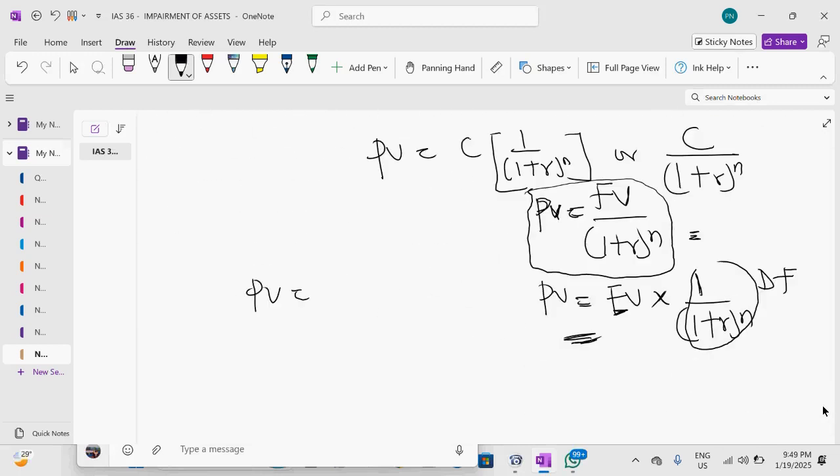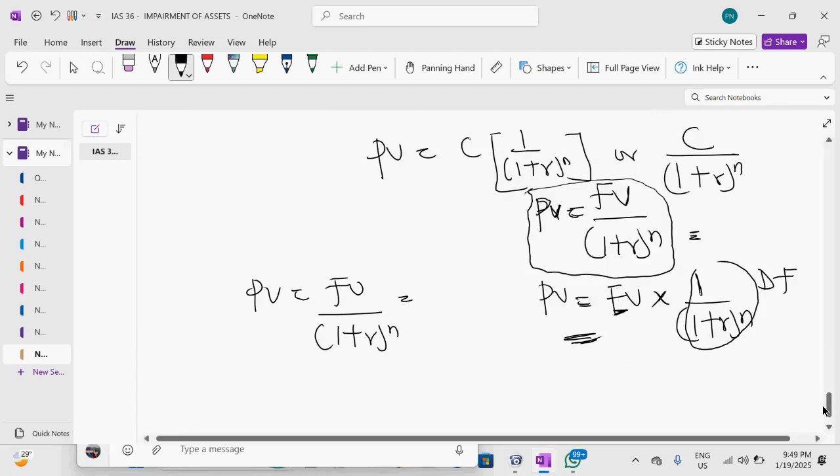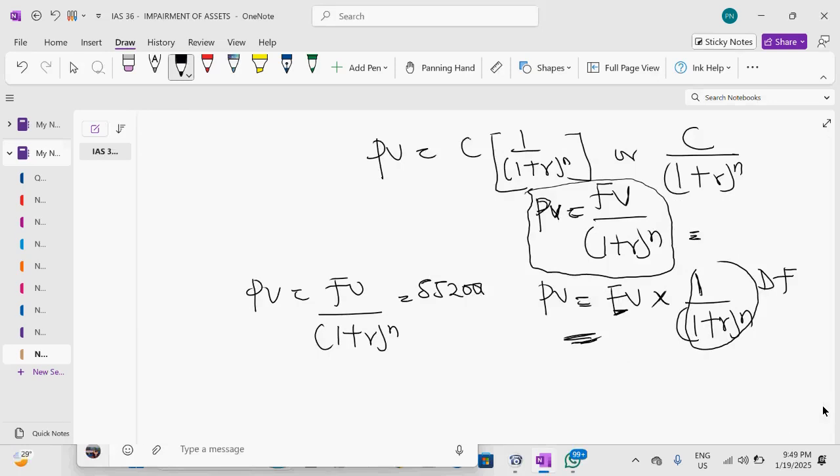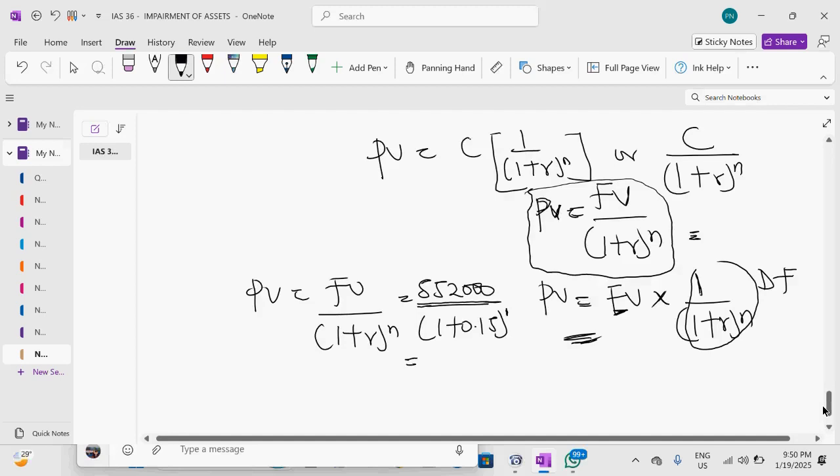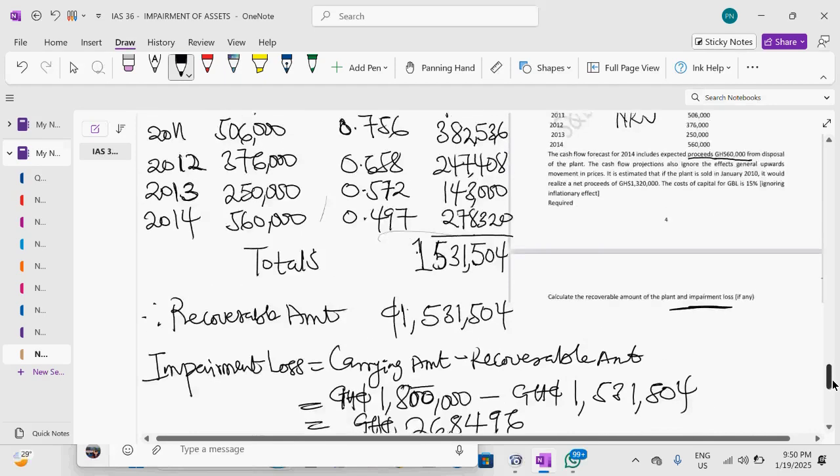Why do you not get the same answer? It's because of the approximation.